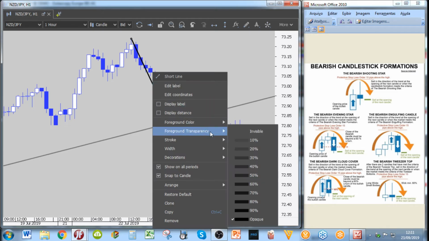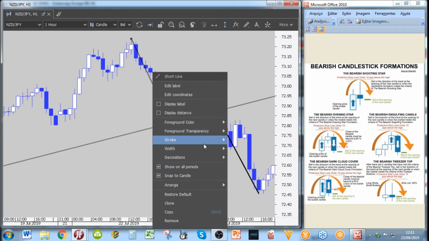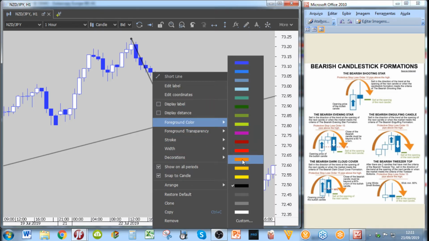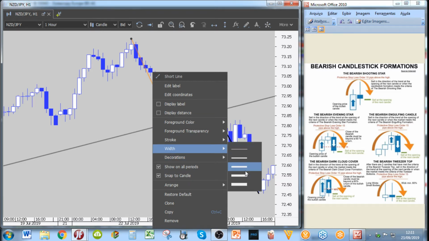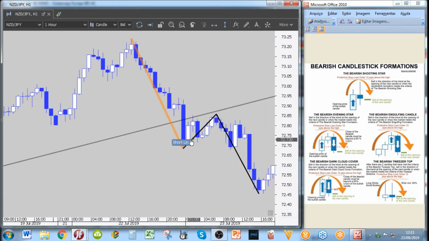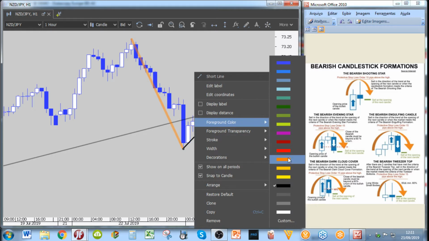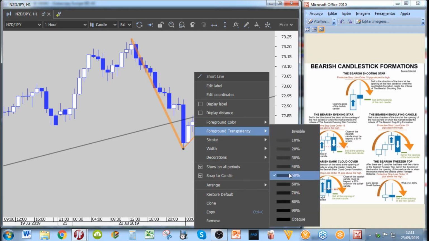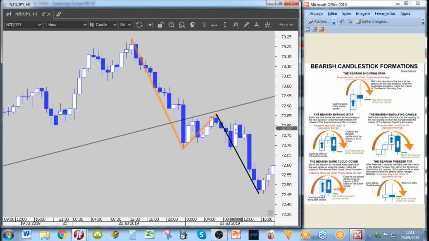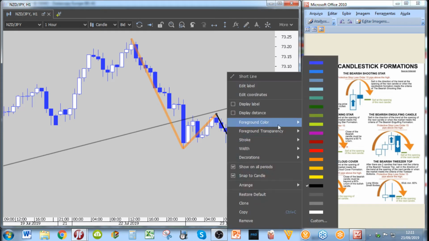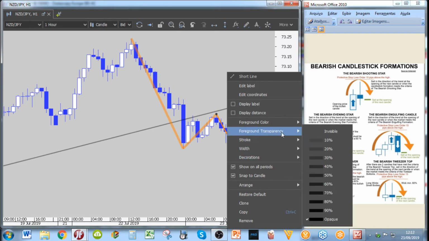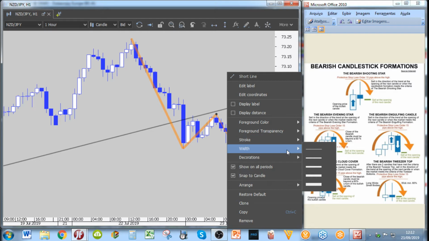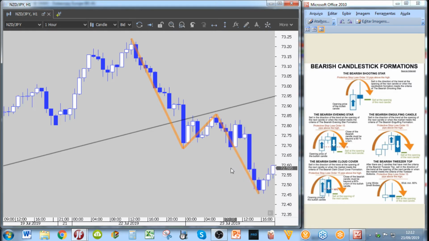What else can we do? We can change colors, right, to keep track of the waves. So it's going to be orange and like this. One more orange color, like this. There you go.